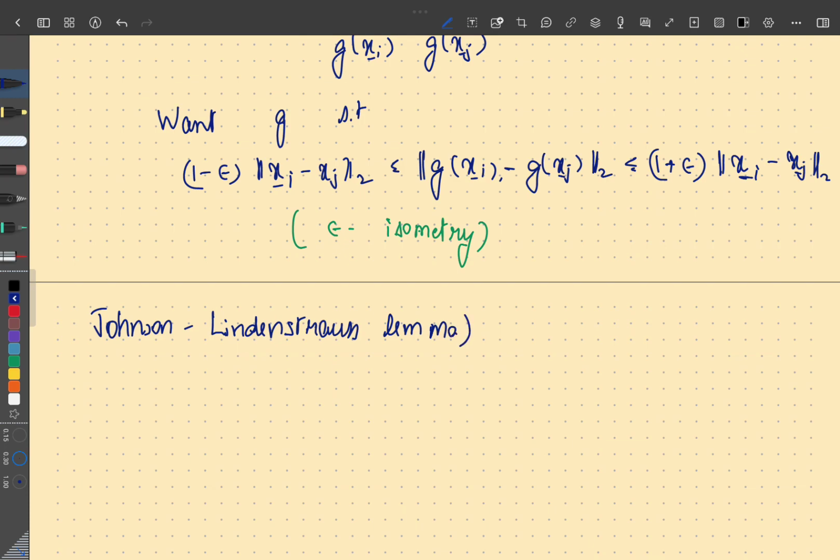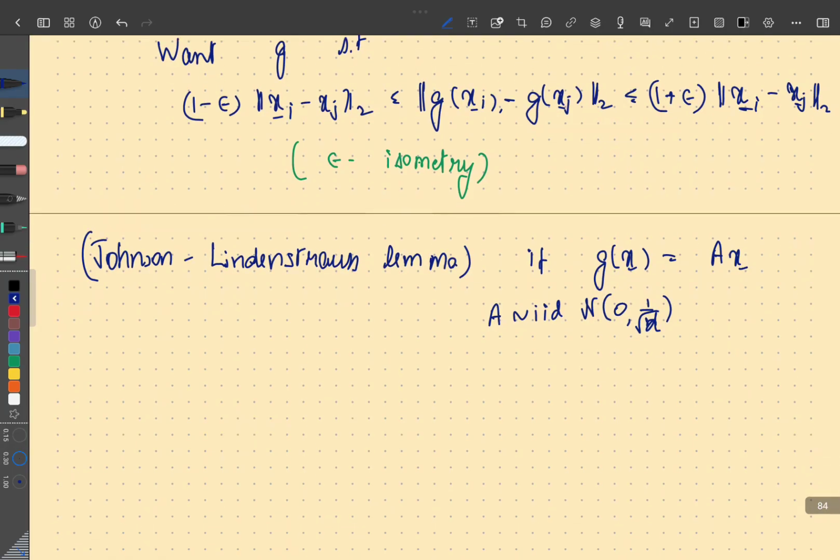It's a lemma due to Johnson and Lindenstrauss, and it says that if I take g of x to be A times x, basically a linear projection, where A is a random matrix with IID Gaussian entries, N(0, 1), scaled by 1 over square root of d, and I take d to be some constant times k to the power 4 divided by epsilon square.